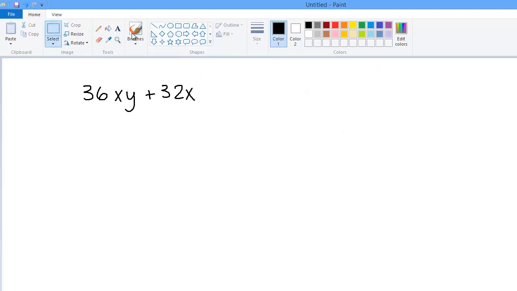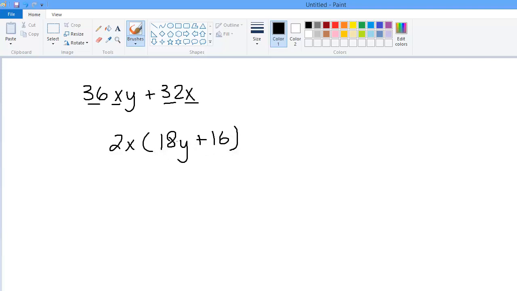Okay, so what we can do then is say, well, you know what, I know that there's an x in both of these, so I can take that out. And I know that both of these are divisible by 2, so I can pull that out as well. So let's pull out just a 2x and see where that takes us. So we got 2x times, now if I divide this by 2x, I end up with 18y plus 16.